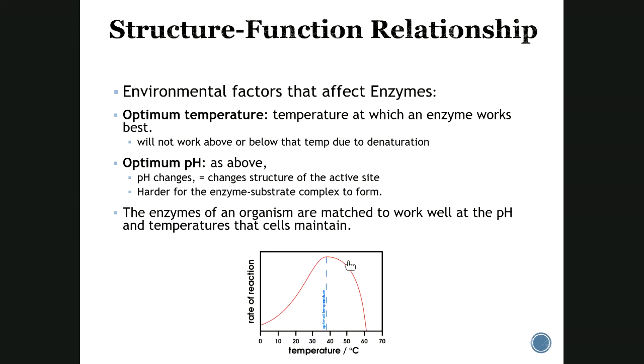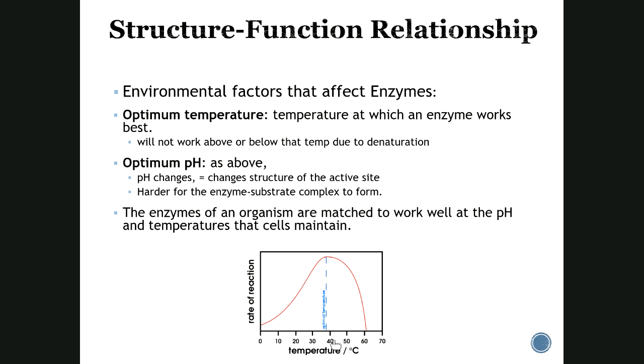So here's a graph that talks about it. Enzymes are very specific. They're reusable, but they like to work in a certain range. Kind of like us, you probably have an optimum temperature, lighting, and all that stuff that you work best at. Enzymes are the same way. So this graph is showing you right here in the bottom, we have rate of reaction on the Y and temperature on the X. The red line is showing you the rate of reaction.